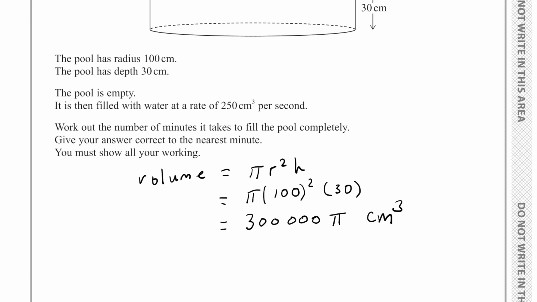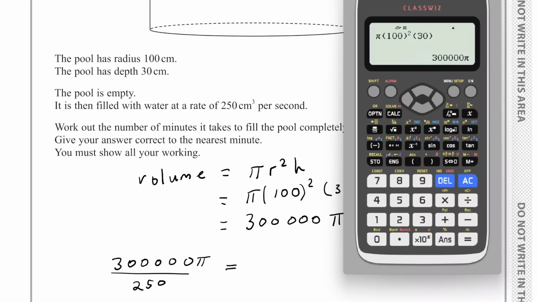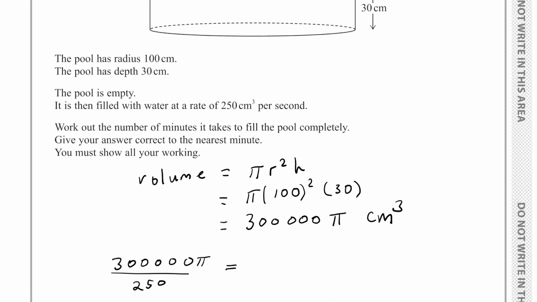And then 250 centimeters cubed per second. So how many seconds? Divide it by 250. That will tell us how many seconds. So answer over 250, 1,200 pi or 3,770 seconds.